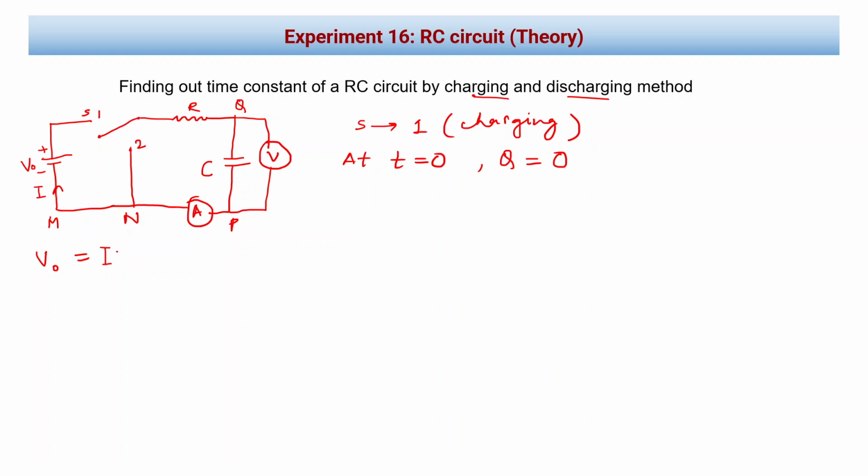The voltage drop across the resistor will be I times R, and the voltage drop across the capacitor will be Q by C. If you remember, earlier when we discussed capacitors, inductors and resistors as components available in the lab, we discussed capacitors in series and in parallel. We know the capacitance of a capacitor is given by the charge stored per unit voltage applied.